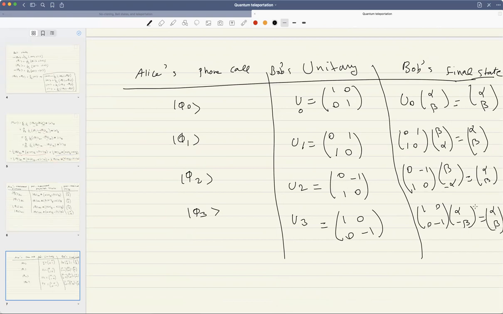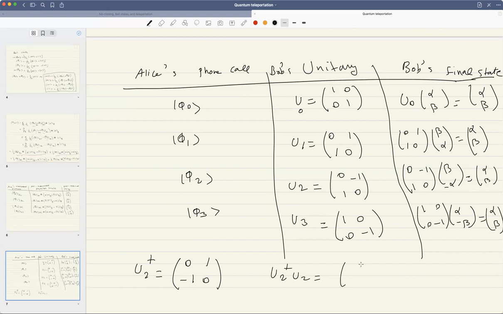And we can easily verify that these are unitary operators. Let's take U2, for example. So then U2 dagger, these are real, so it's going to be its transpose. So it's going to be 0, -1, and 1, 0. So what is U2 dagger U2?